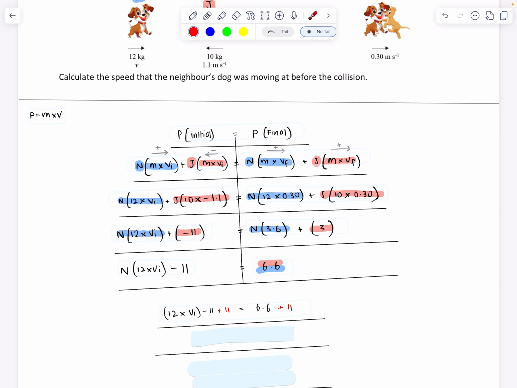Now what I can do is I can simplify and solve on this side of the equation. So that's the next step. So as you can see, there's no more 11 because I've cancelled it out like this by plussing it by itself, because the opposite of negative 11 is plus 11.